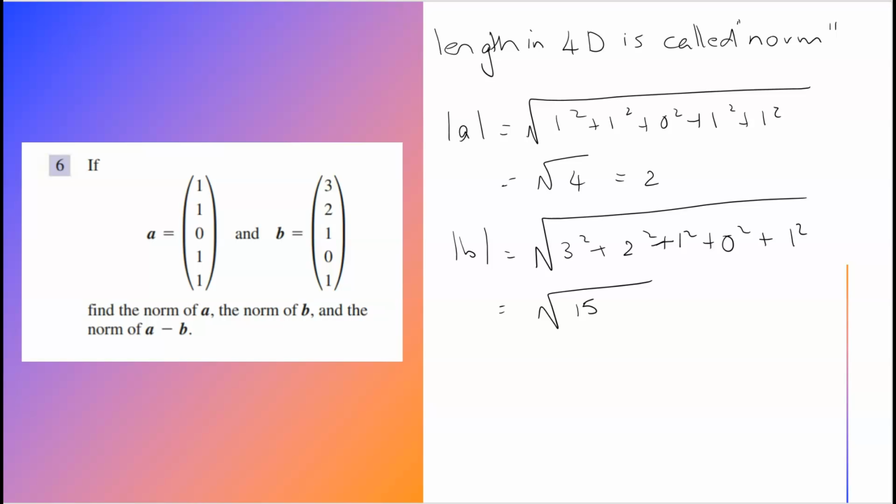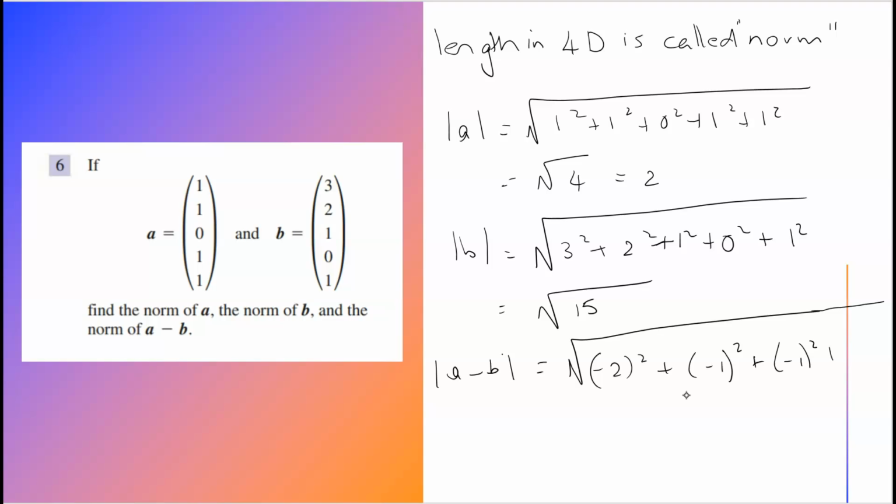And you have to find the length of A minus B. Again, we can just do that, finding the lengths, and then it would be -2 squared plus -1 squared plus -1 squared, squeeze it in, actually, see if I can, plus 1 squared plus 0 squared. Oh, okay, so that is now equal to the square root of 7.